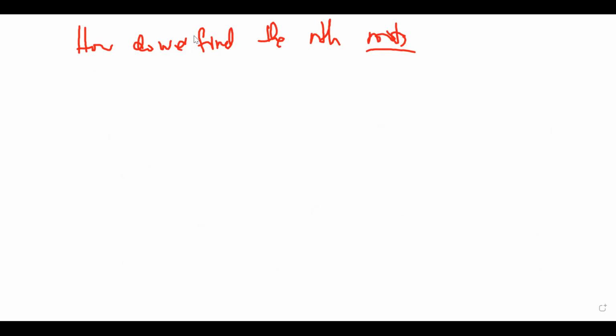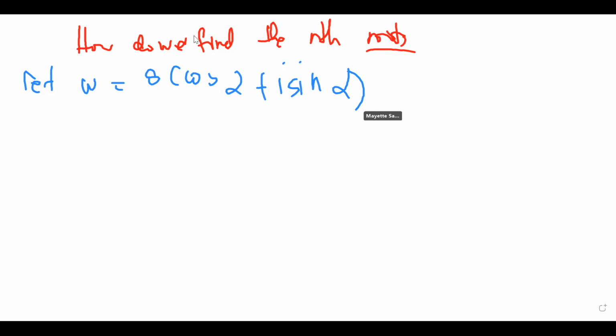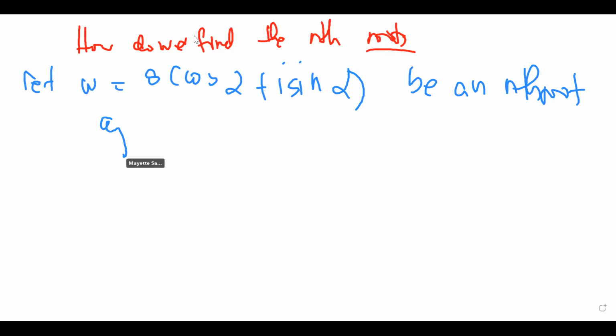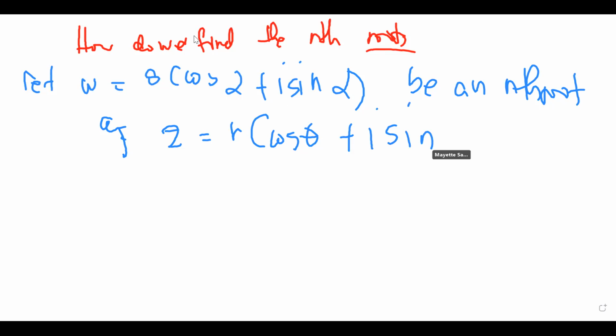First, let w = s(cos α + i sin α) be an nth root of z = r(cos θ + i sin θ). So w^n = z.